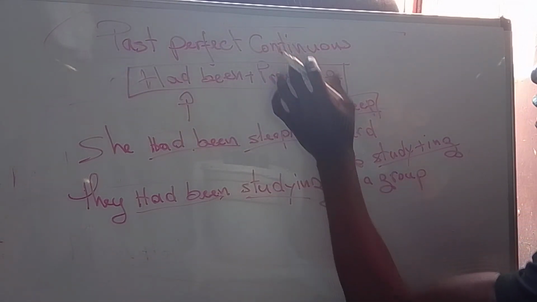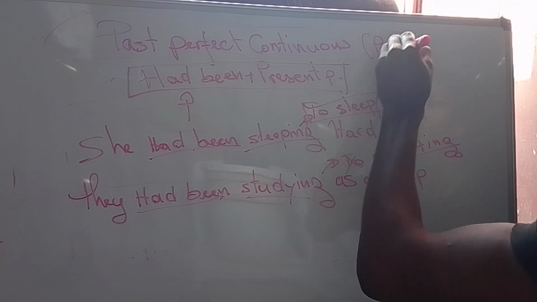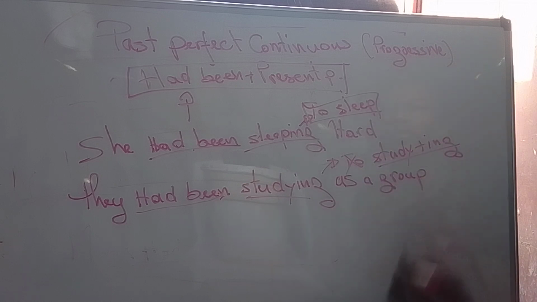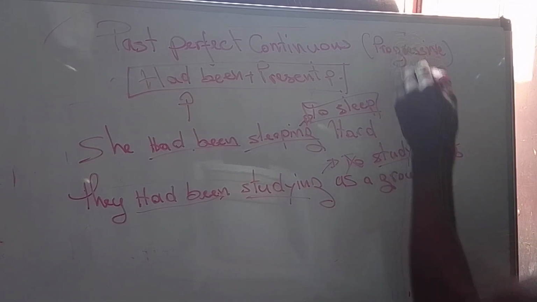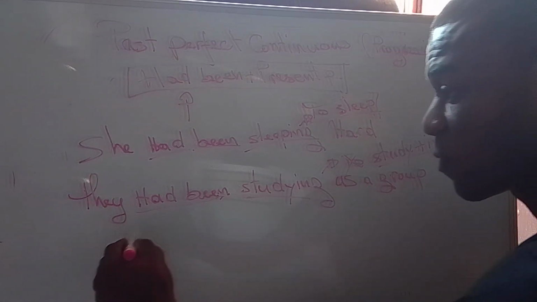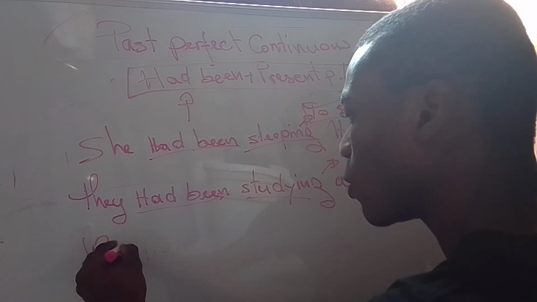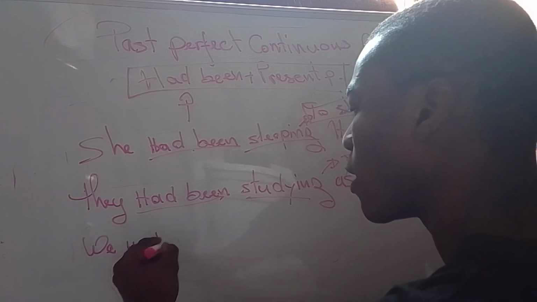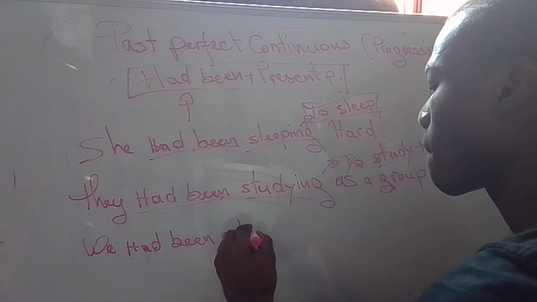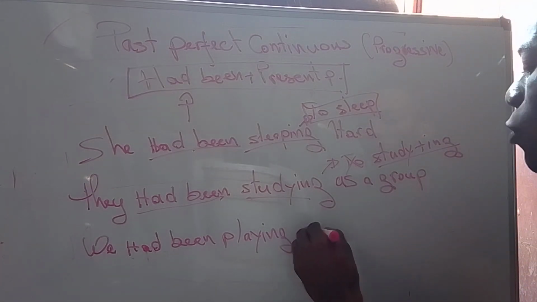The past perfect continuous or the past perfect progressive. Okay? We had been playing soccer.